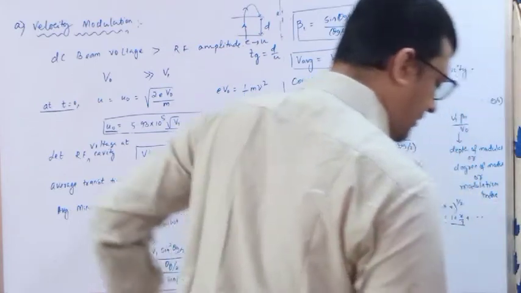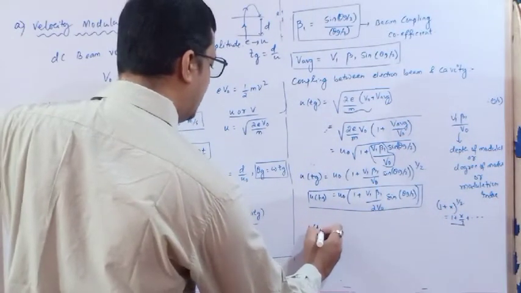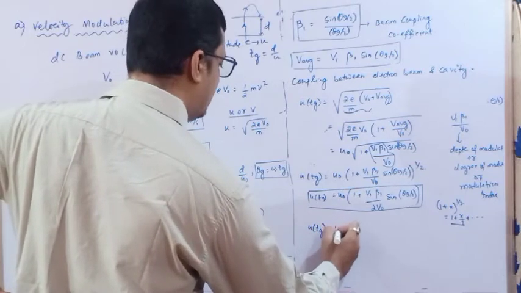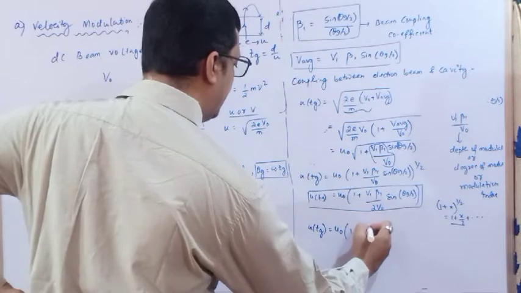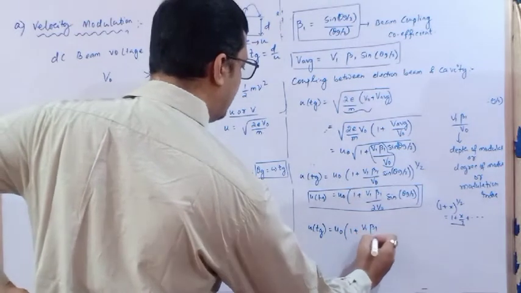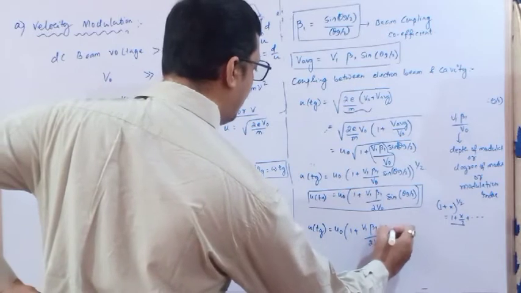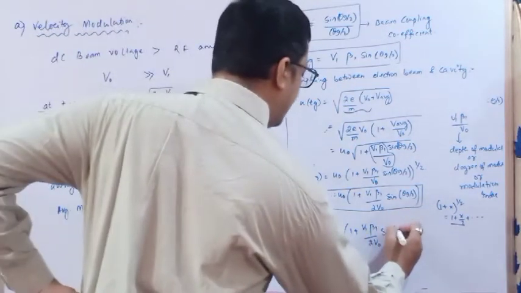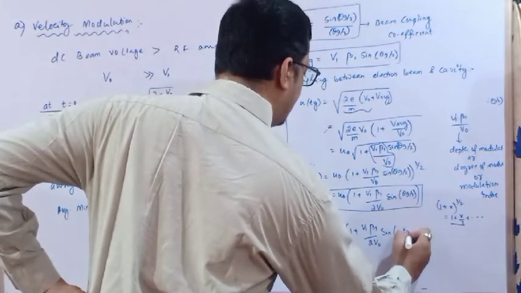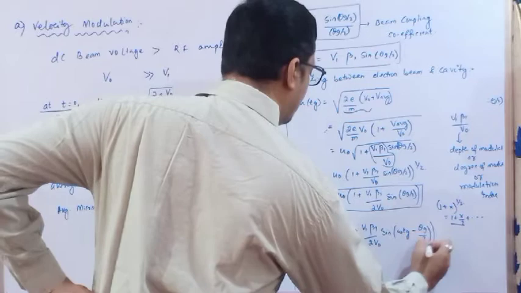So the above equation can also be written as u(tg) = u0 [1 + (V1 β1 / 2V0) sin(ωtg − θg/2)].